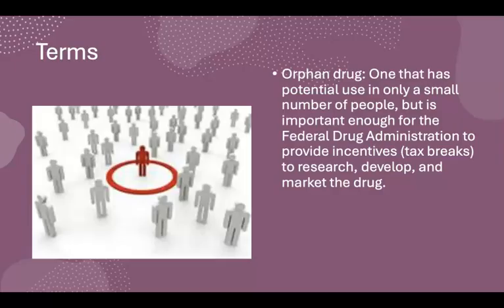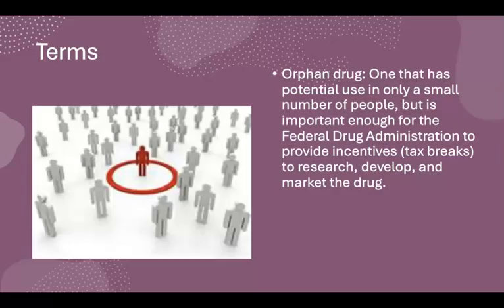For example, there are certain medications that treat Lou Gehrig's disease, or ALS. When you think about the general population, those with ALS are really the only group that's going to be impacted by these medications. But the drug is so important that it is life-changing for those patients.